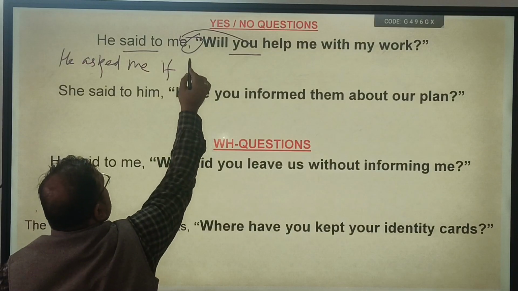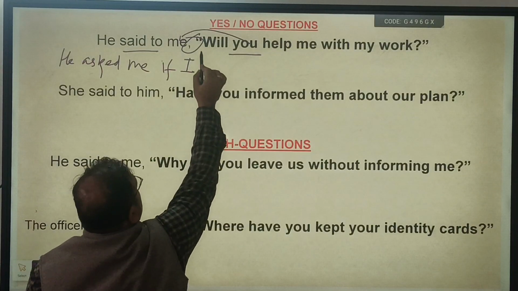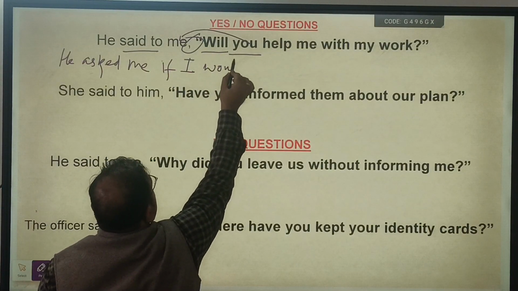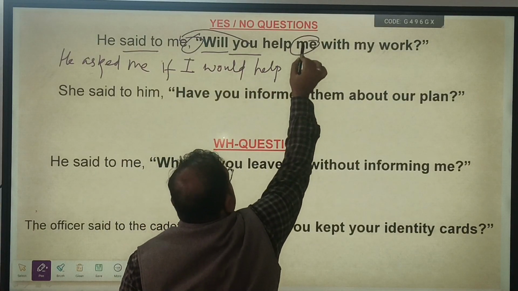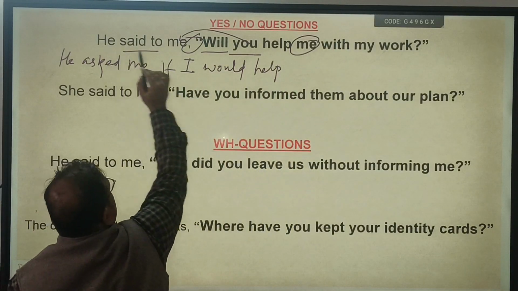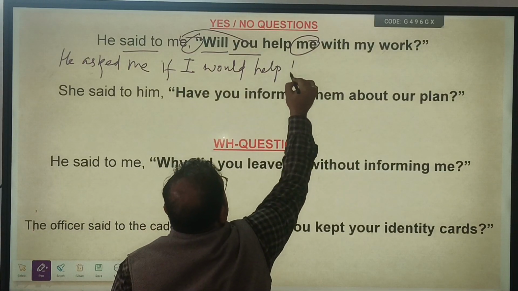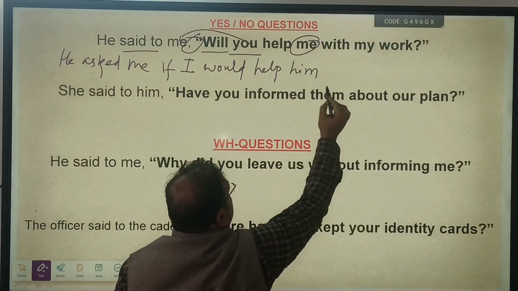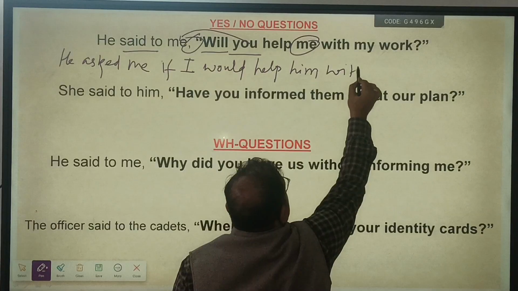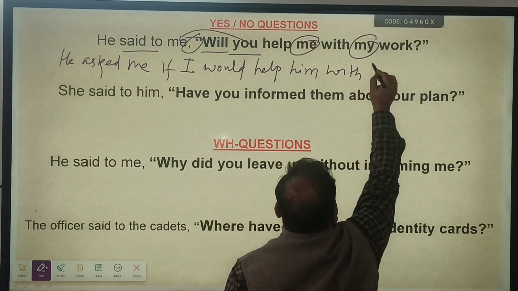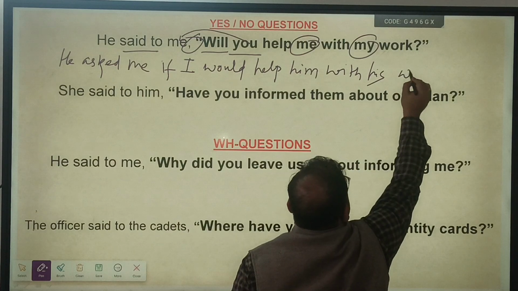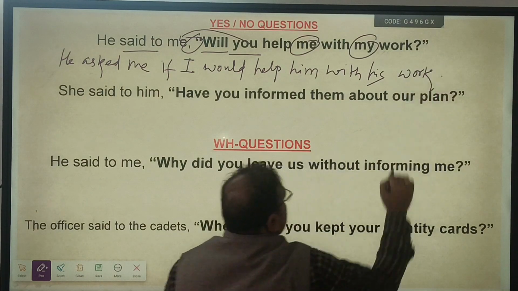Object is what? Me. So "I" will change into "would," past tense, would help me. First person will be changed by subject "he." I would help him. Then objective case "him," with "my" will be changed by "he." Possessive case "his work." Yes or no? Full stop.